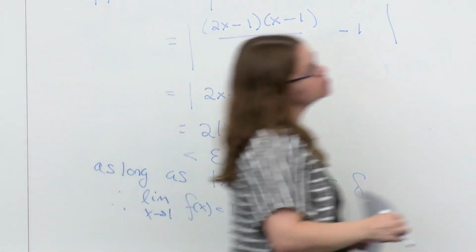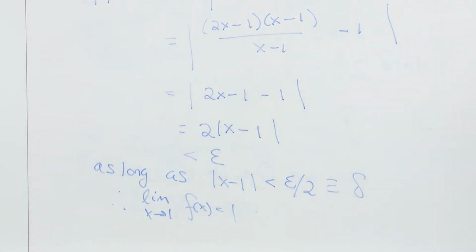So what we need to do, we need to try to control this factor. So we need to try to bound this term when x is, I'm going to say, close to the value of 3.